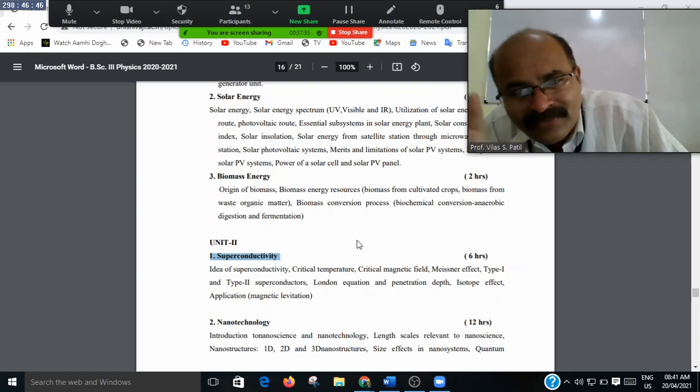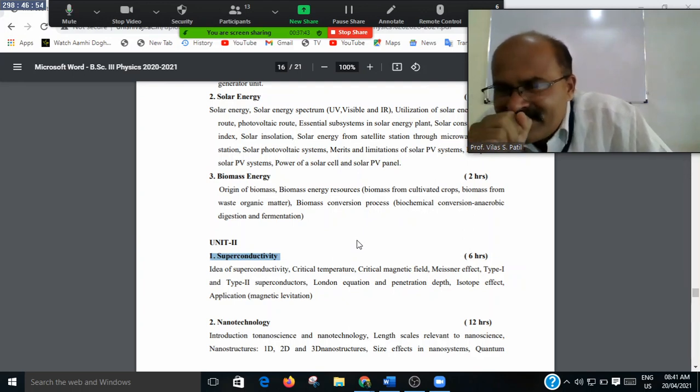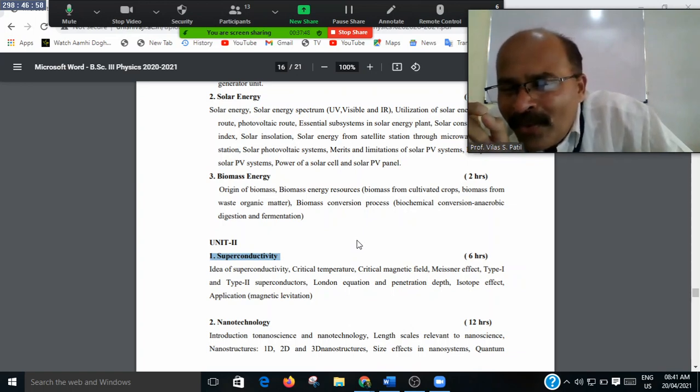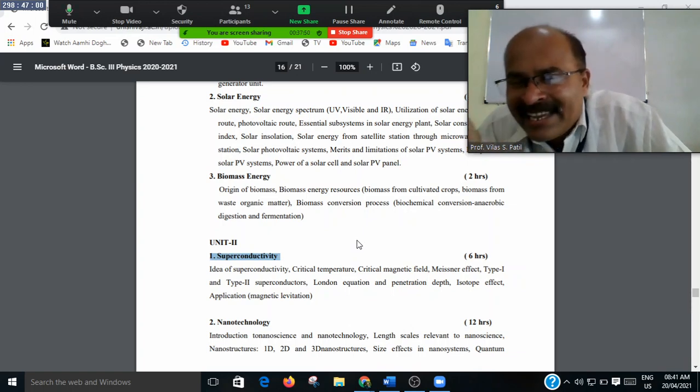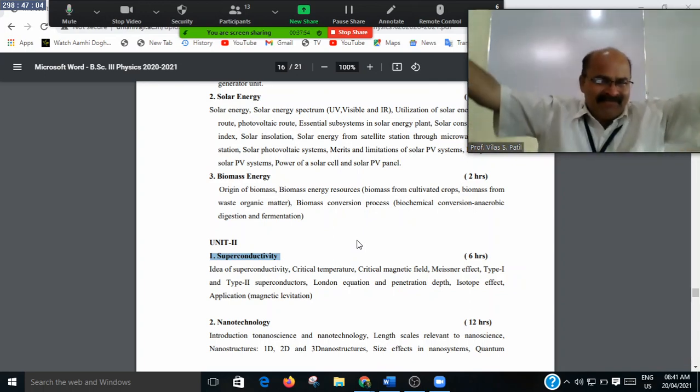But that phase of superconductivity, that phase of disappearing of the resistance, will be for a very small time. It is not a permanent state.